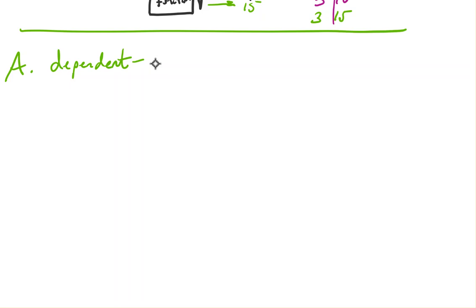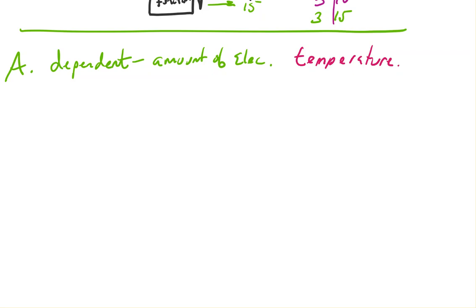Well, the dependent variable is the amount of electricity, because the amount of electricity you're going to pay for depends on the temperature. If it gets colder, you turn on the heat, you use more electricity. If it gets warmer, you turn off the heat and you use less electricity.